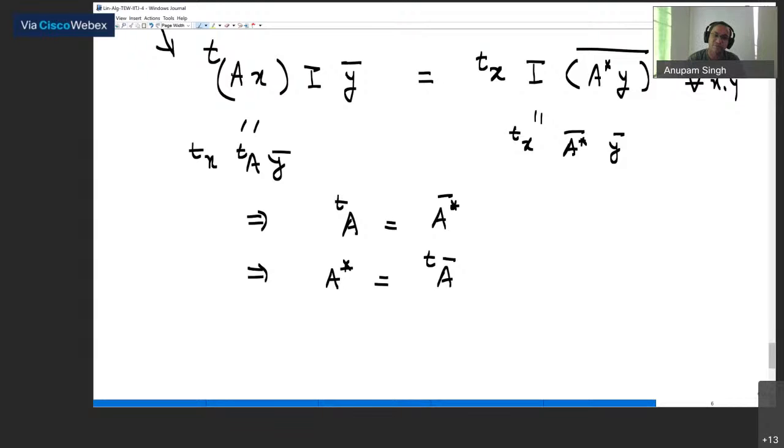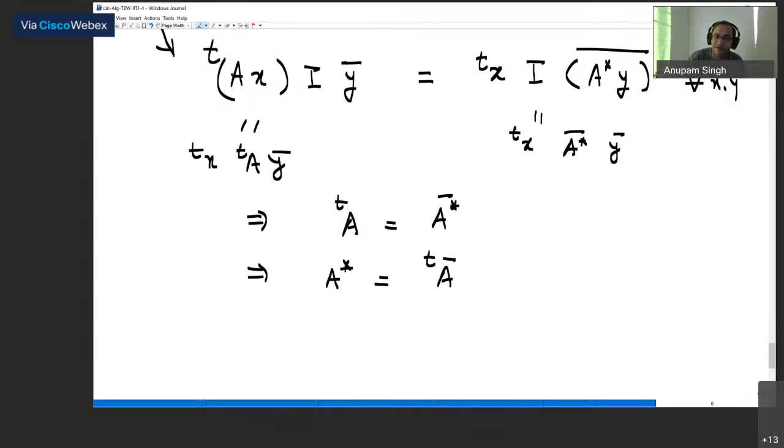If you don't fix an orthonormal basis, there will be the matrix of the inner product also going around here, so this will be conjugated by the matrix of that inner product. This is one of the confusion points. You can do this only when you have already chosen an orthonormal basis, which may not be true if you're not working with a positive definite inner product. If you're working with a more general form, then that may not be true.